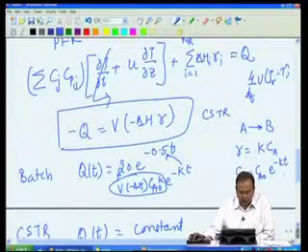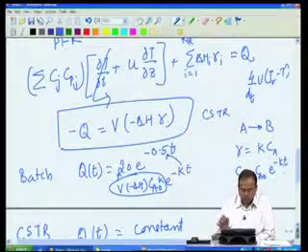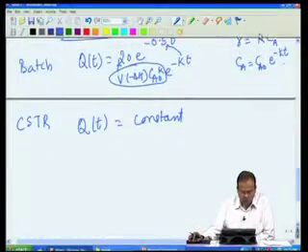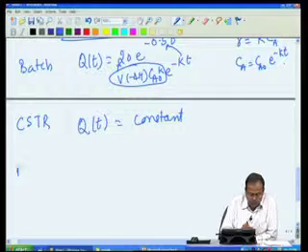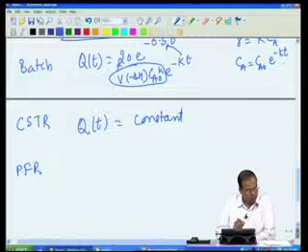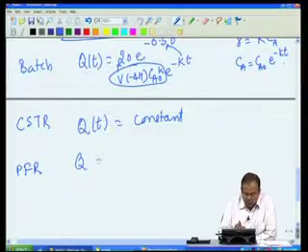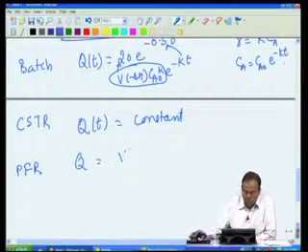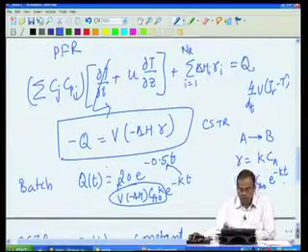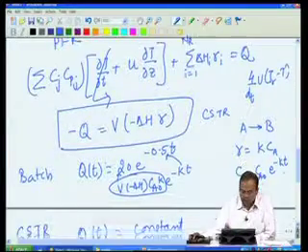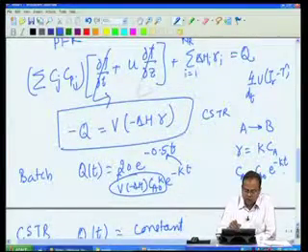What happens in a plug flow reactor? The plug flow reactor equation is the same. So, what will happen for a plug flow reactor? Again, if we go back over there, now all these terms are 0.